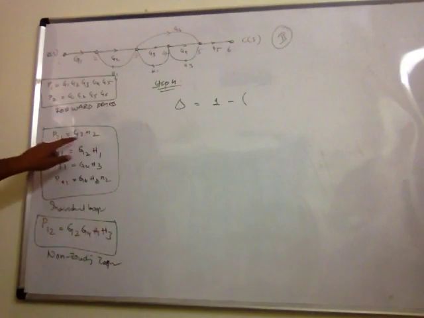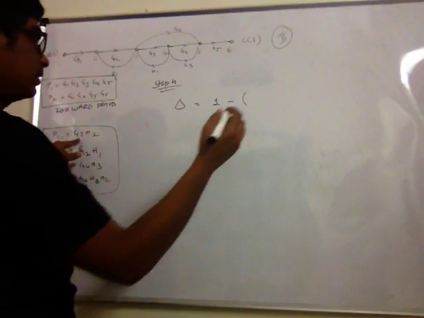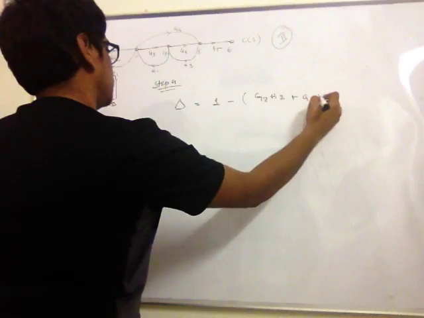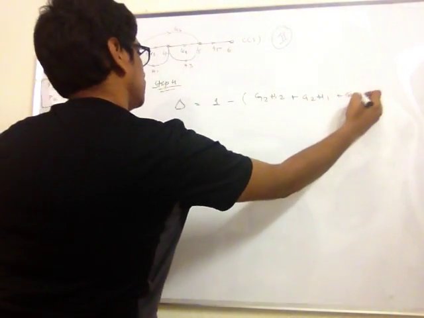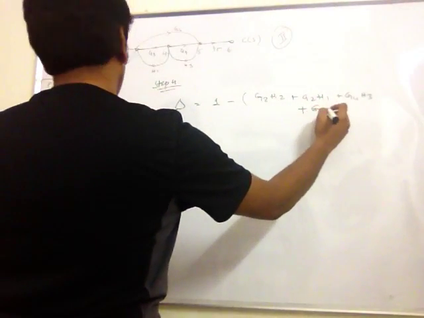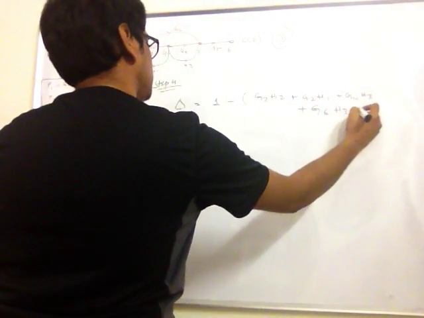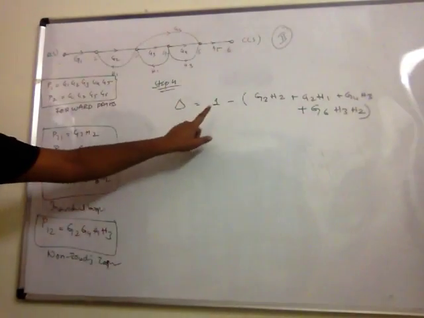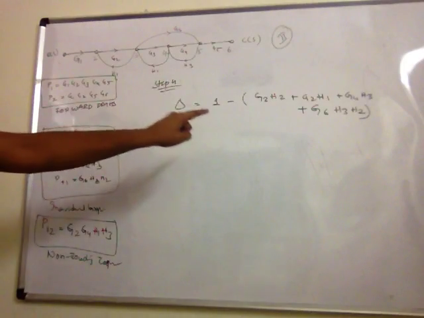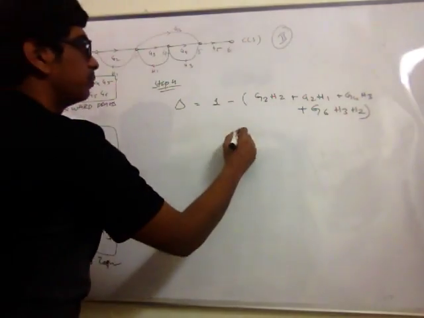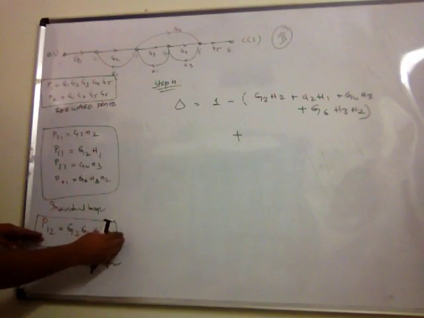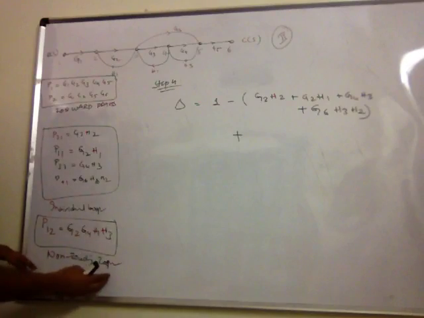So the individual loop gains in this scenario are minus G3H2 plus G2H1 plus G4H3 plus G6H3H2. There we go. 1 minus the sum of the individual loop gains plus the sum of the products of the non-touching loop gains.